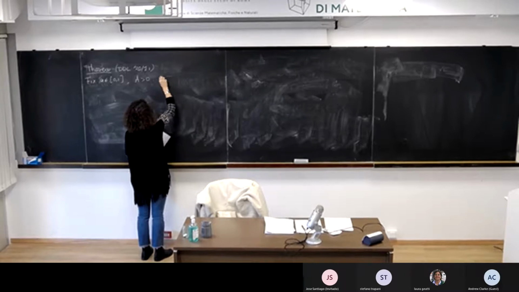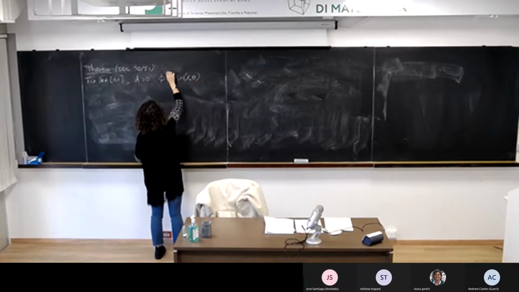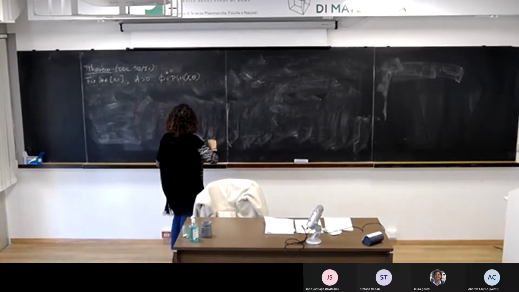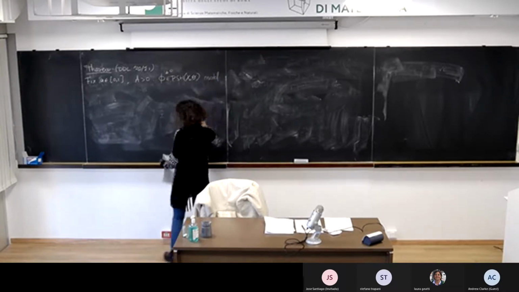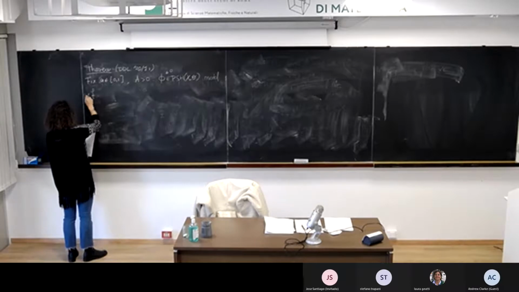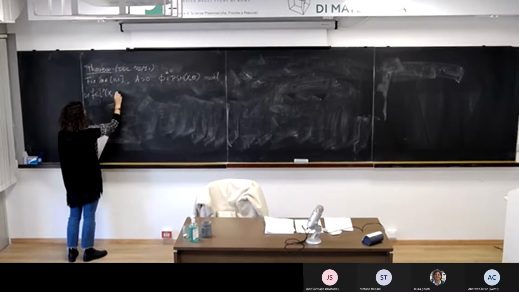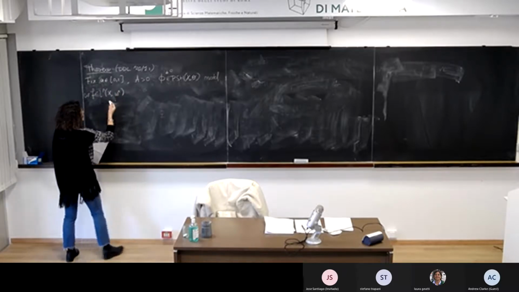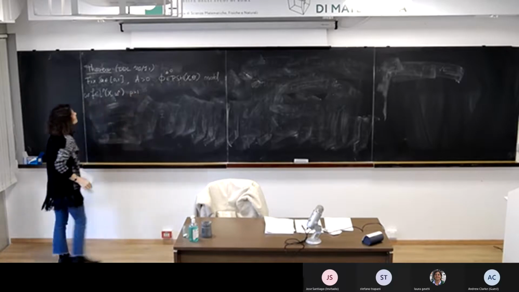Then fix also phi, the model potential with positive mass, and f, a positive function in L^p with respect to the Hermitian form on X, for some p significantly bigger than 1.